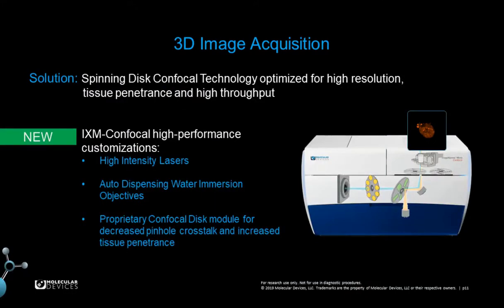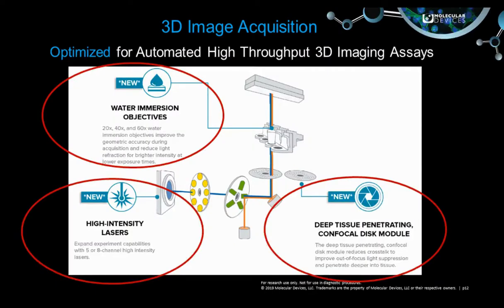We also have a hardware solution that is a spinning disk confocal technology that is optimized for high resolution, tissue penetrance, and high throughput. We have recently launched high performance customizations on the IXM confocal that now includes high intensity lasers, auto dispensing water immersion objectives, and a proprietary confocal disk module for decreased pinhole crosstalk and increased tissue penetrance.